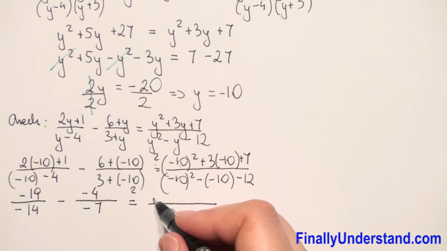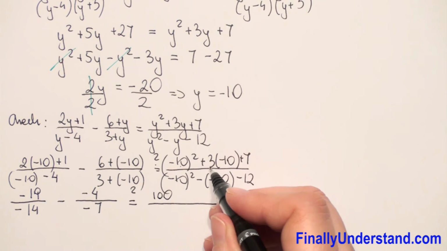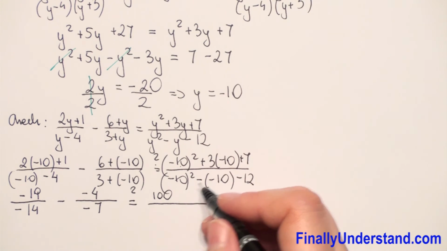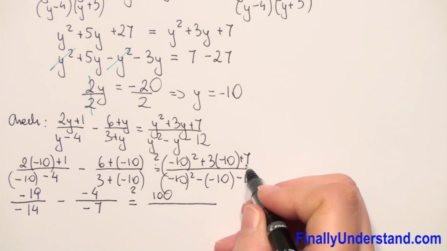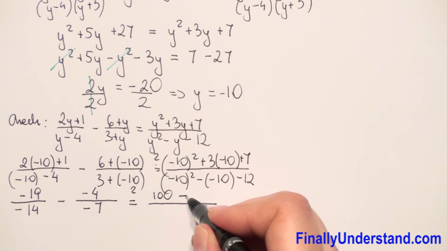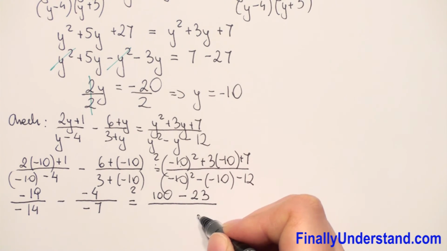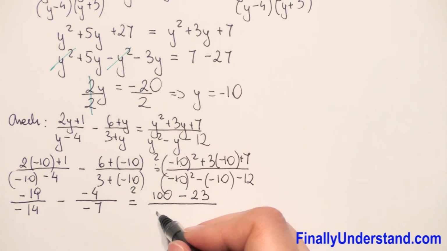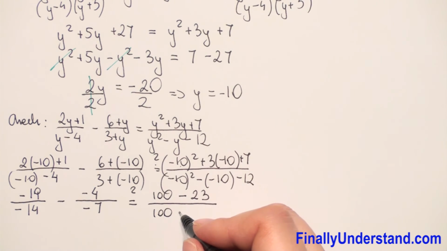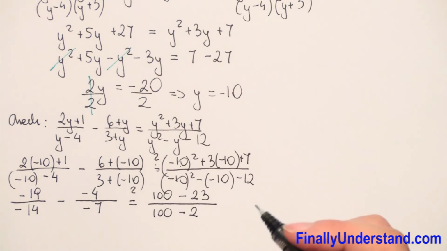Negative 10 to the second power is 100. 3 times negative 10 is negative 30 plus 7, so it will be negative 23, and in the denominator we have 100. Negative and negative give positive 10, so we have plus 10 minus 12, which will be minus 2.